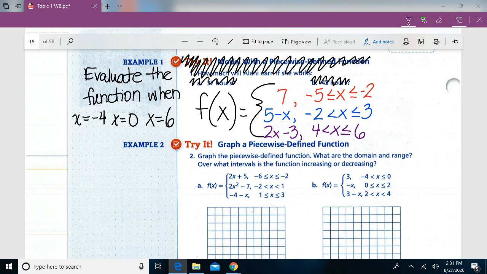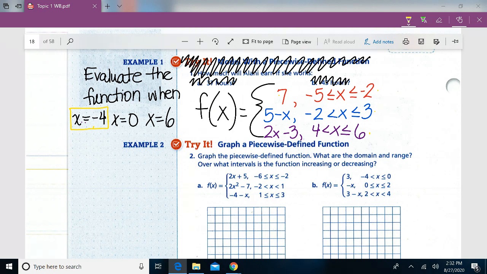And we have to do three things. We have to evaluate the function when x is negative 4, when x is 0, and when x is 6. So let's evaluate the function first when x equals negative 4. Now, my function has 1, 2, 3 lines. I need to know which line I need to use. In other words, which formula, 7, 5 minus x, or 2x minus 3, applies when x equals negative 4?